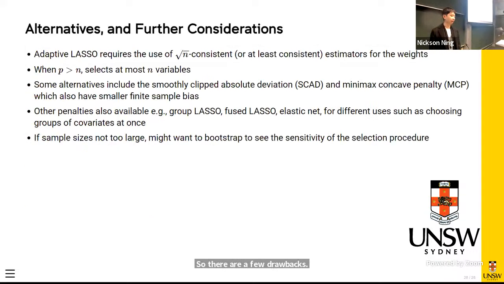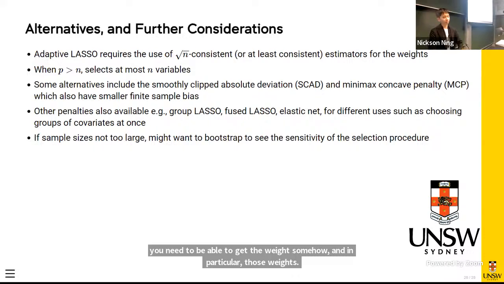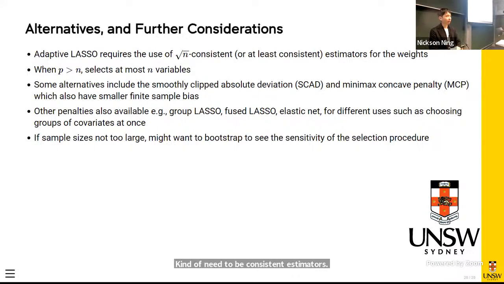The adaptive lasso needs the weights, right? You need to be able to get the weights somehow, and in particular, those weights need to be consistent estimators of the true slope values. So if you're in a case where you don't know how to get those weights, then you won't be able to apply the adaptive lasso.